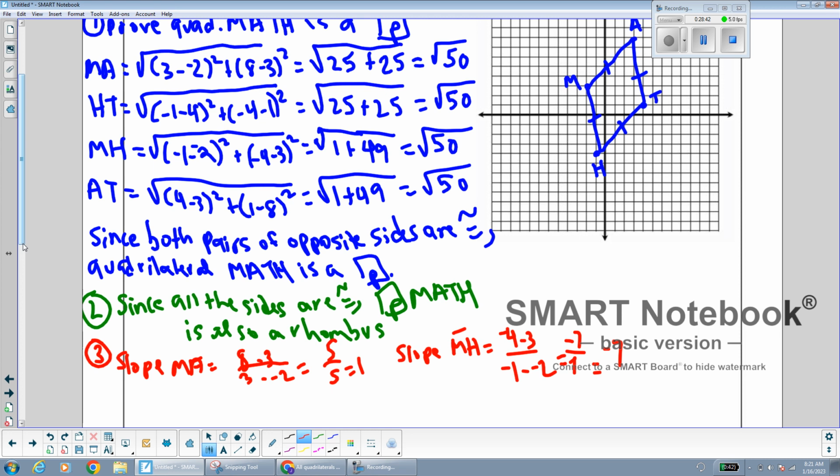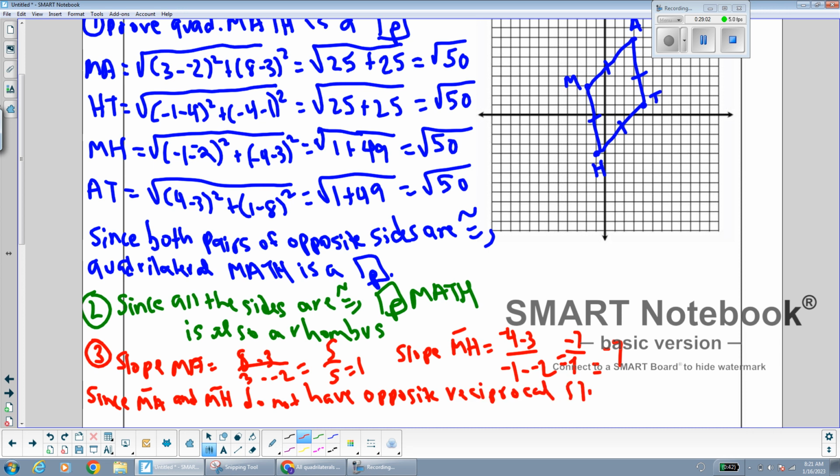So I'm going to write that down. Since MA and MH do not have opposite reciprocal slopes, they are not perpendicular and do not form a right angle.